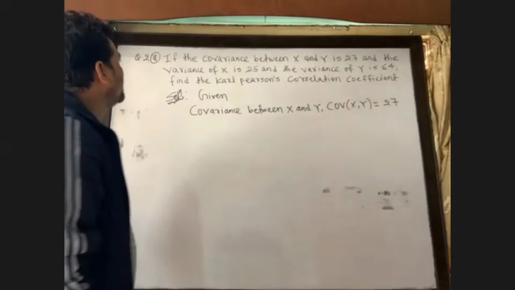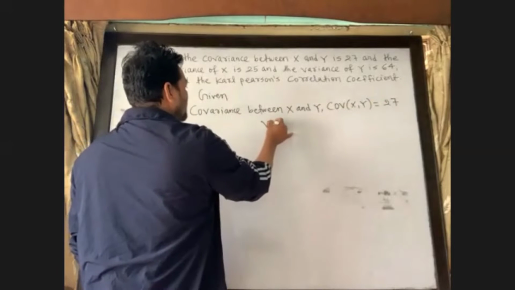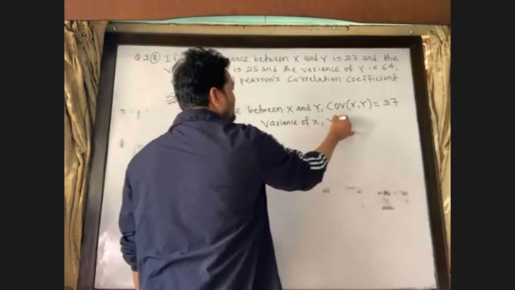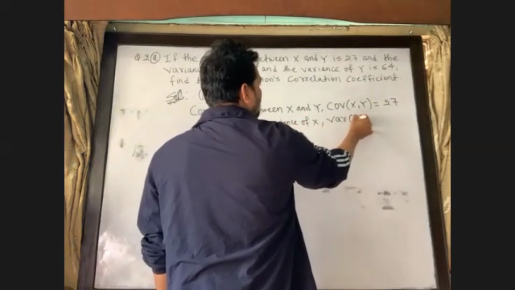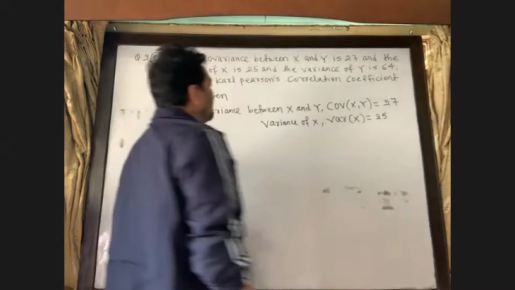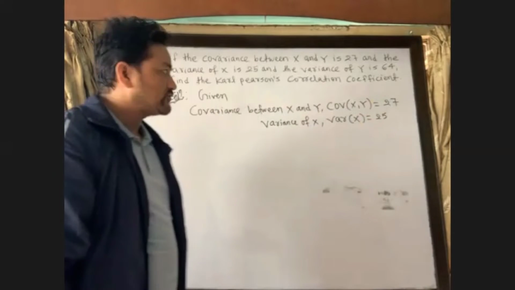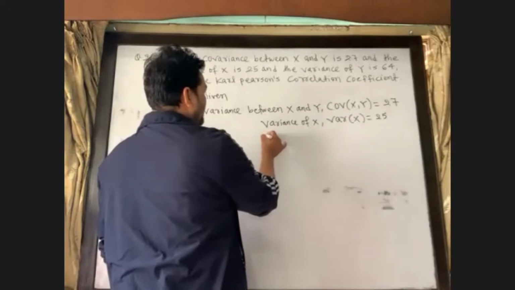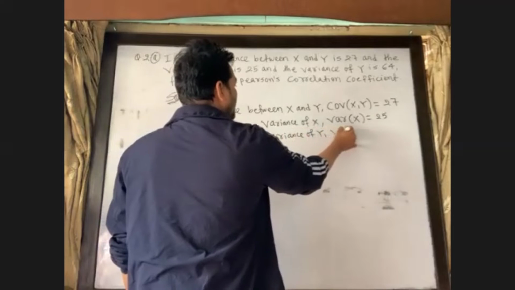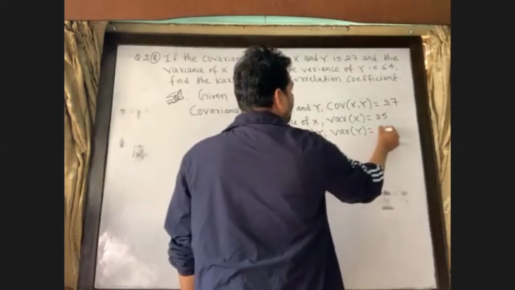The variance of x is given. Variance of x, VAR of x, is equal to 25. Variance of y, VAR of y, is equal to 64 as given.